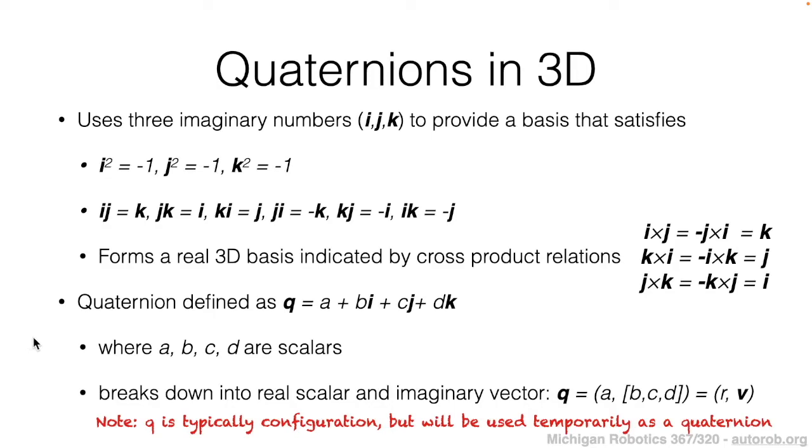And ultimately, a single quaternion is defined as 1 real component combined with one of each of these imaginary components, where the terms a, b, c, and d are scalar values. We can then represent a quaternion q as a vector (a, b, c, d), where there is one real component and then an imaginary vector component.